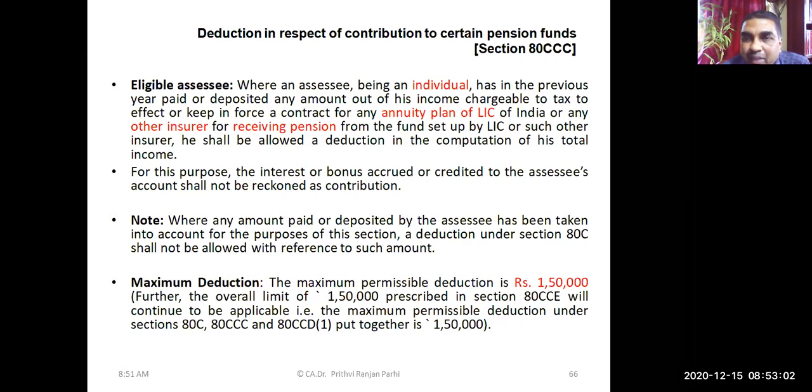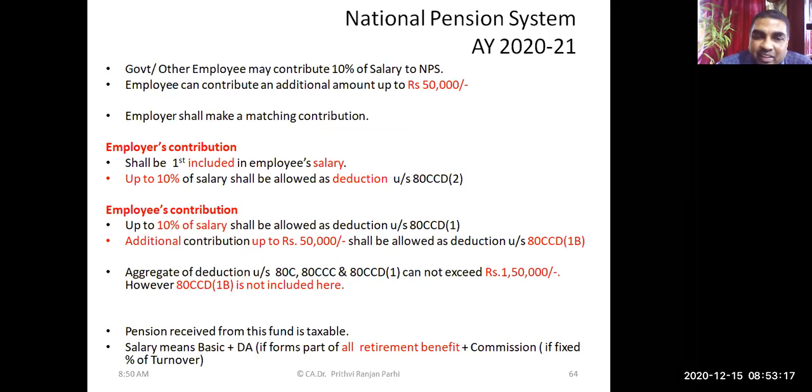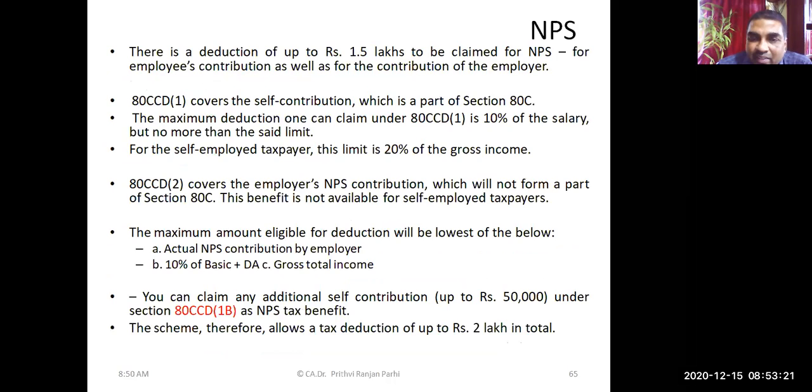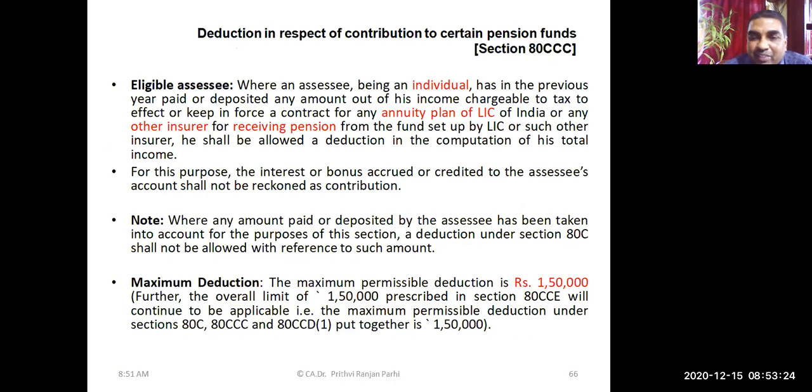The maximum amount of deduction allowed under this section is 1,50,000 rupees. Is this included in 80C also? Not separately; the ceiling limit, as you know from the very beginning, for 80C, 80CCC, and 80CCD(1) all taken together should be 1,50,000.